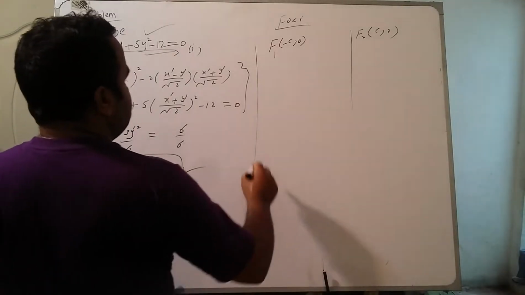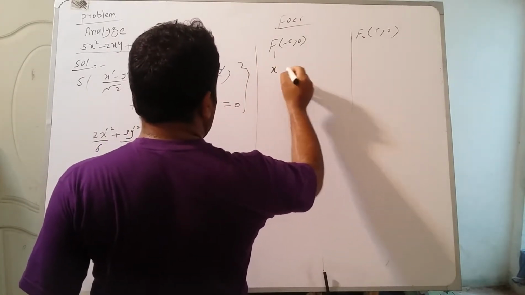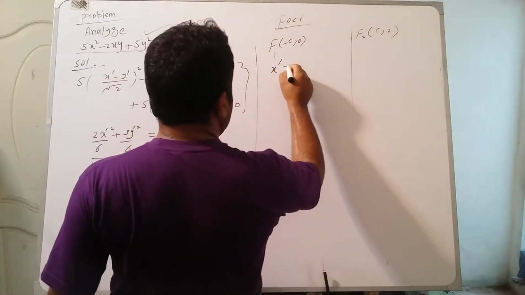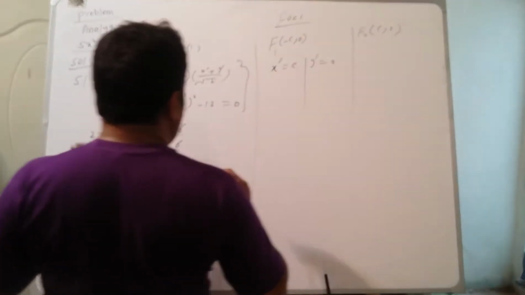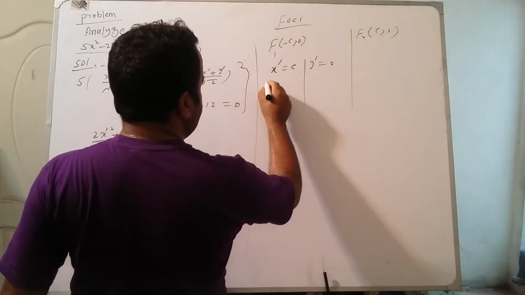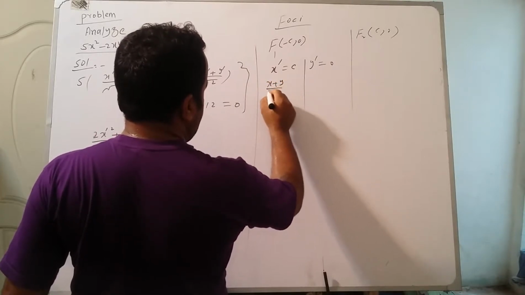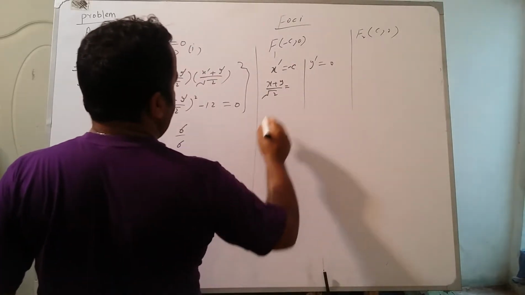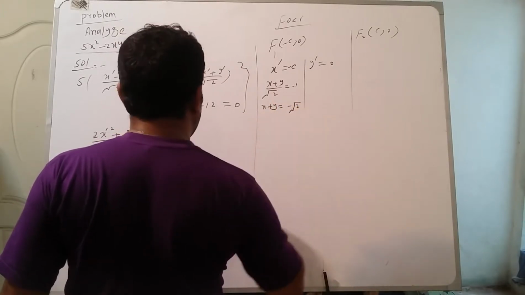Here we see that x dash is equal to minus c and y dash is equal to 0. We have already found that x dash is equal to x plus y over root 2, and c is 1, so minus c is minus 1. So x plus y is equal to minus root 2.